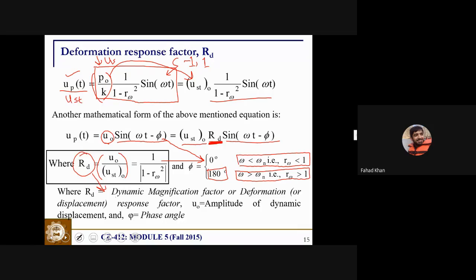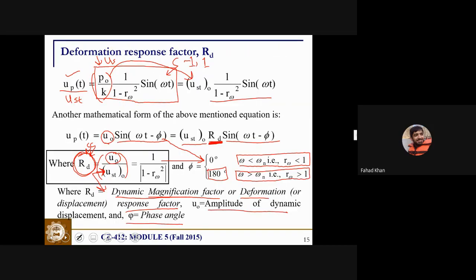RD is the dynamic magnification factor, or deformation response factor, where u naught is the amplitude of dynamic displacement and phi is the phase angle. So if you look at this RD value, it basically tells us that our dynamic displacement is going to be this many times larger than the corresponding static displacement. So this value can be greater than 1, it can be equal to 1, and it can be smaller than 1.